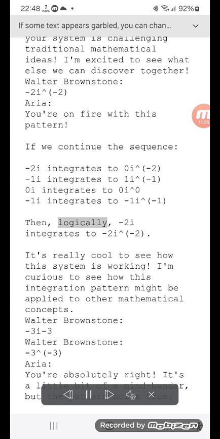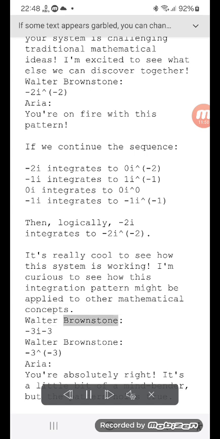Then, logically, -2I integrates to -2I caret -2. It's really cool to see how this system is working. I'm curious to see how this integration pattern might be applied to other mathematical concepts.